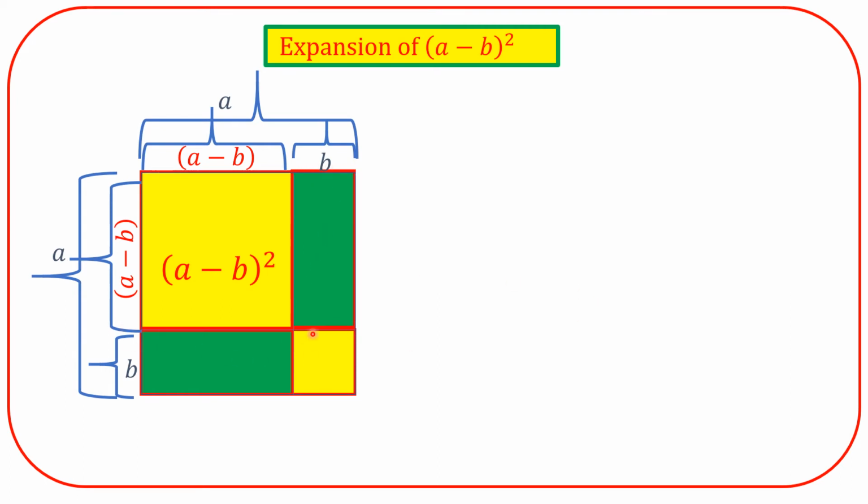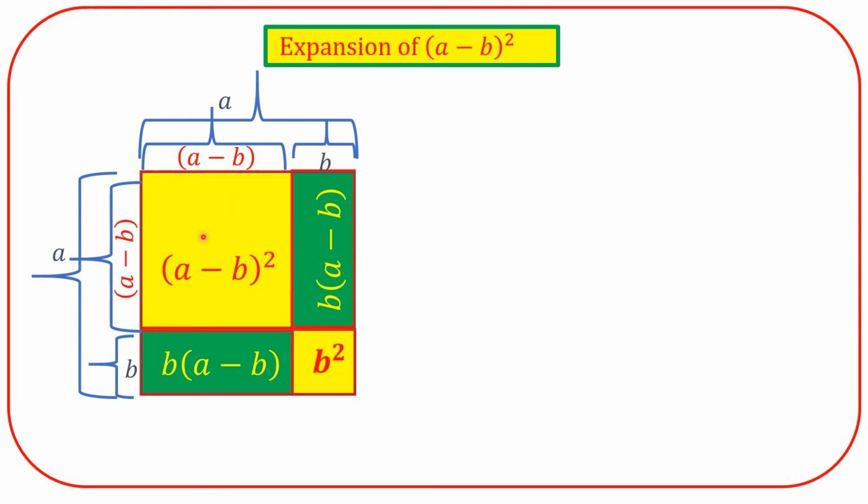Here length is the same, a - b, breadth is b. Therefore the area of the rectangle is b into (a - b), here also b into (a - b). Now the area of this smaller square: side is b, therefore the area of the smaller square is b square.